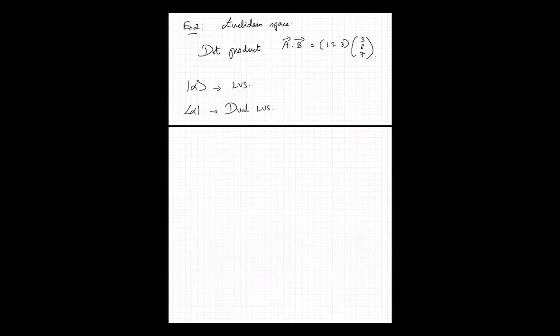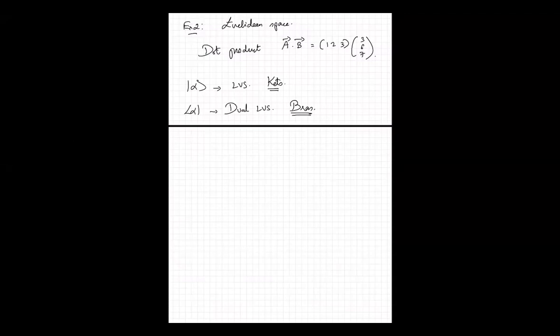So how do I define the dot product of two vectors? Just like I define A dot B as the row vector times the column vector, you can think of the kets as column vectors, and you can think of the bras as the row vector. So the dot product is basically a row vector times a column vector.